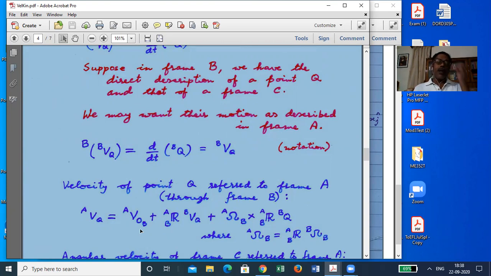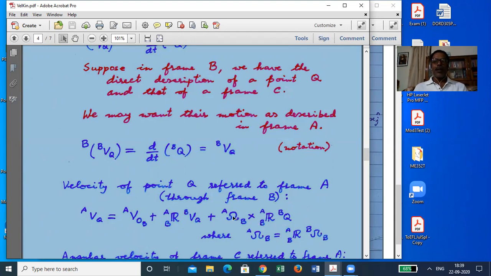Okay, so this is the velocity of the origin of frame B relative to A as expressed in frame A, plus the velocity of point Q in frame B itself, and that will be counted from origin of that frame, and that converted to the basis of frame A. Plus, if the frame B has an angular motion, then that angular velocity cross the position converted to the proper basis, because only after both the vectors are in the same basis you can take a cross product which will be sensible.